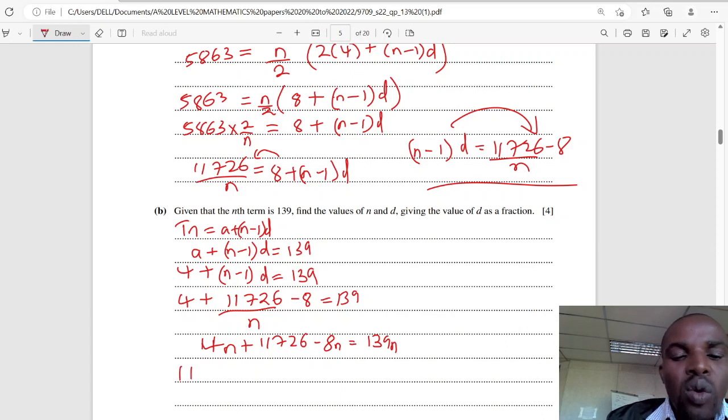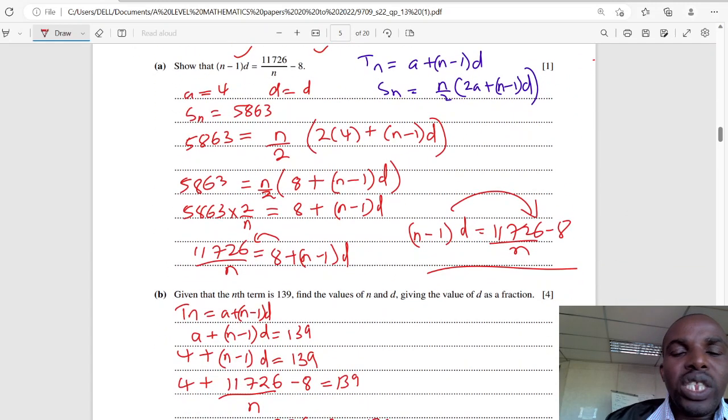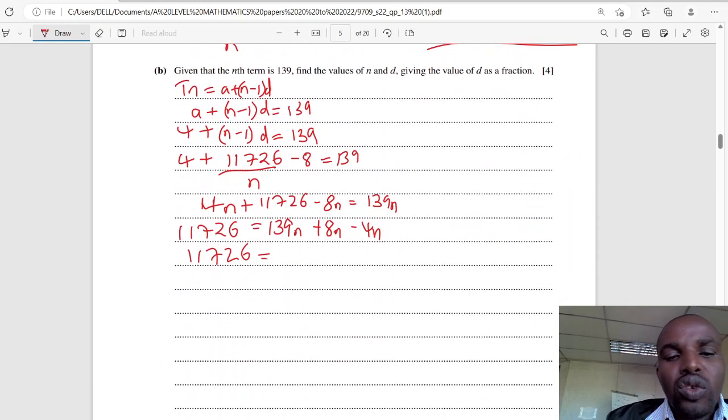So it will be 11726 is equal to 139n plus 8n minus 4n. Then you can simplify: 139 plus 8 minus 4, then it's 143n. Then divide by 143 on both sides.